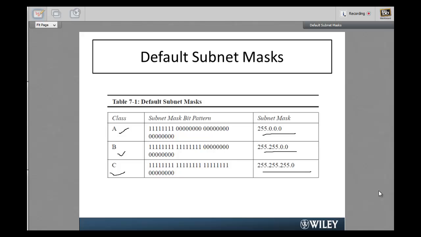You can have something like 255.255.255.254. This is acceptable. You see, we have only one bit for the host. So a host can take only 0 or 1. Okay? Yeah, so let's move on.